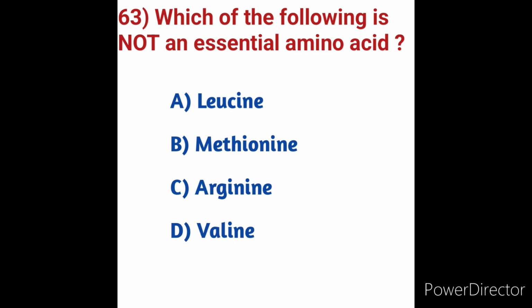Arginine is present in the 11 non-essential amino acids. Leucine, methionine, valine, these are all essential amino acids. So in these options, option C, arginine, is the non-essential amino acid. So option C is the correct answer.